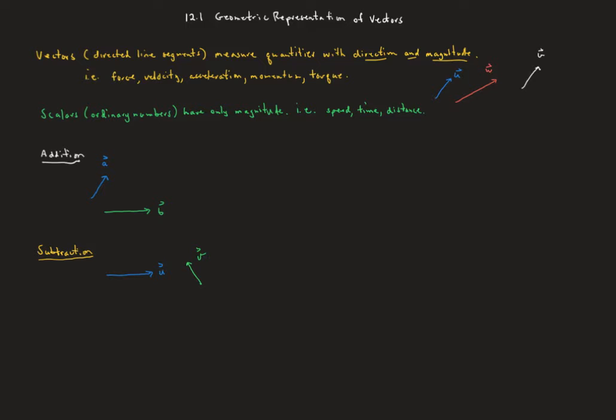So vectors are also known as directed line segments, and I've drawn a few of them here to the right. You see the blue vector U, the red vector W, and the white vector V. They are used to measure quantities that have both a direction and a magnitude. So in real life application, that lends itself well to talking about things like force, velocity, acceleration, momentum, torque.